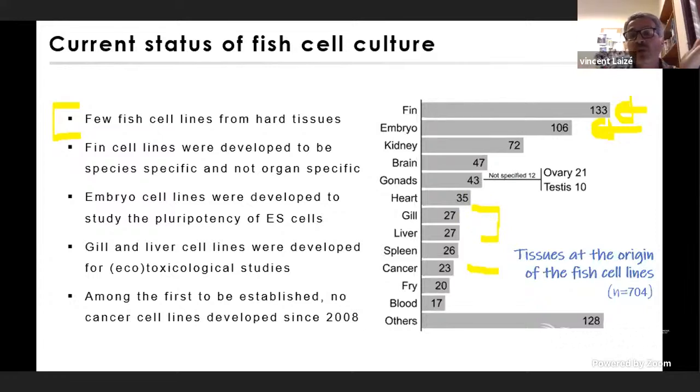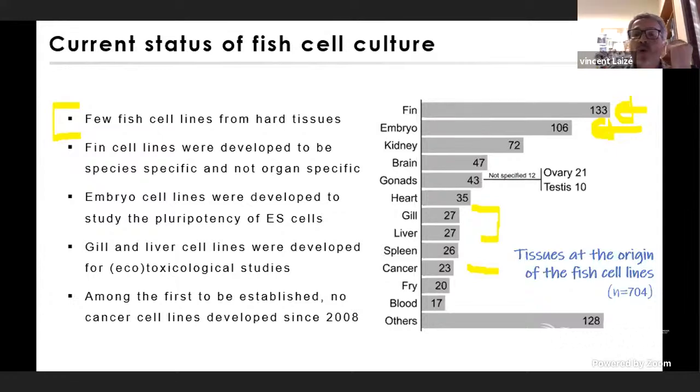So why the fin? Probably we can say that the fin is the anatomical structure which best defines the fish, correct? But then it's kind of hard to understand why fin cell culture was developed so frequently, and we think it has to be related to the easy access of that tissue.